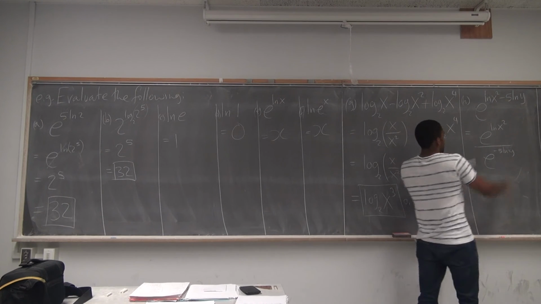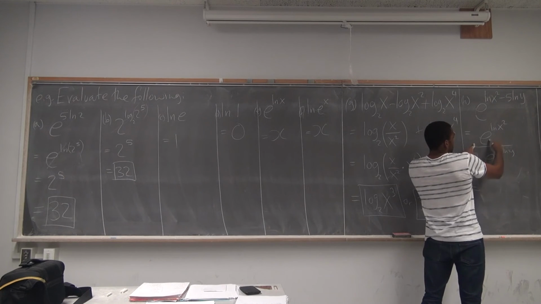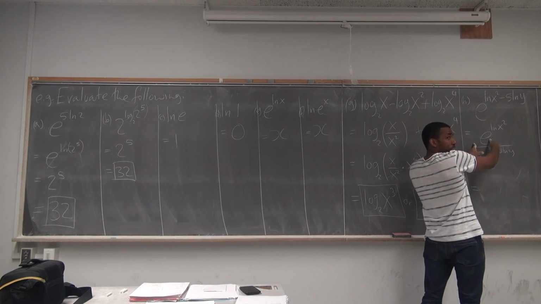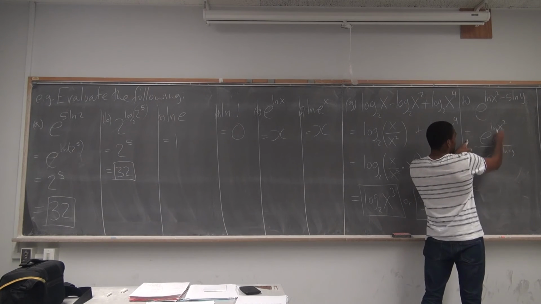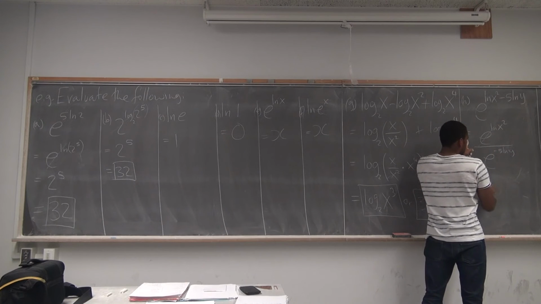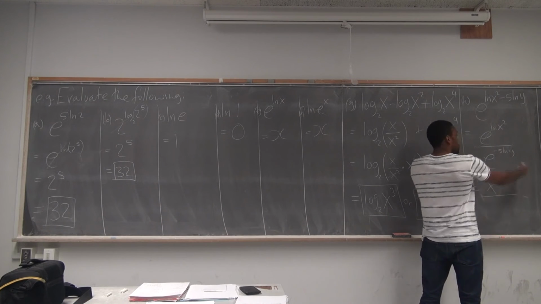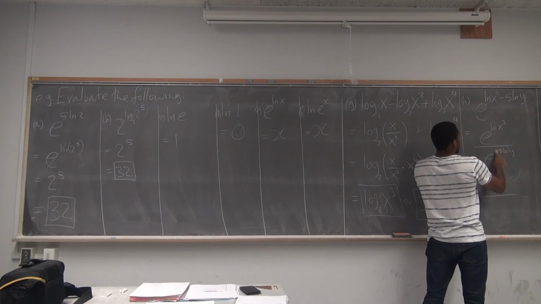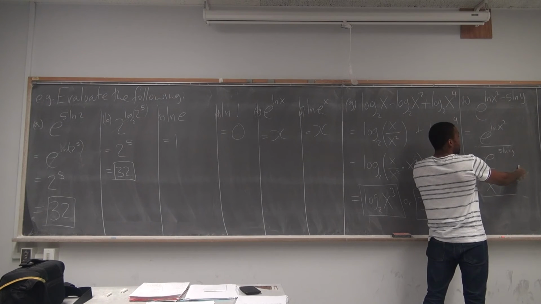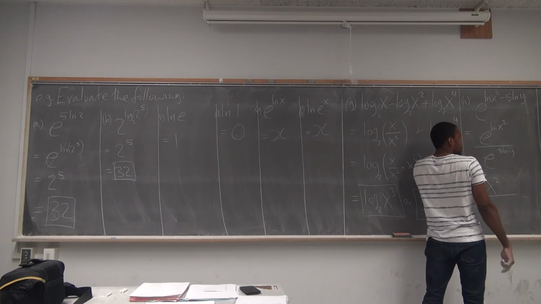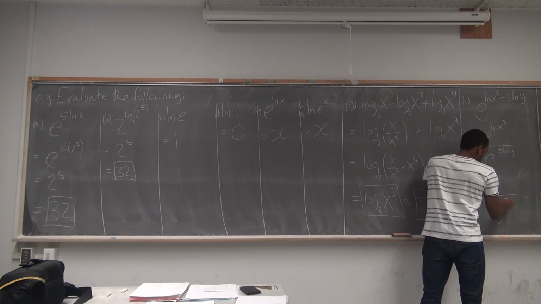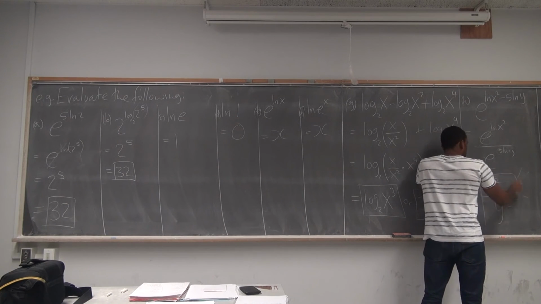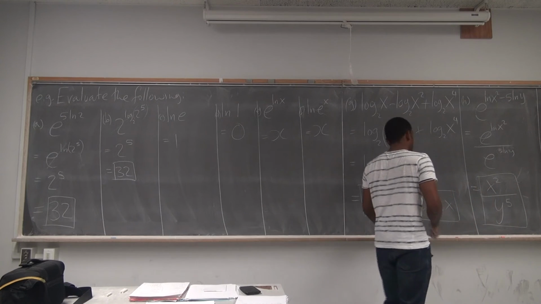Now on the top, my e and my ln is right beside each other. Okay, so e and ln will cancel each other here, and so my numerator is just x squared. What about the denominator? Here I would move that 5 up, y to the 5th. So I have e to the ln of y to the 5th, just y to the 5th. So that's actually the answer here.